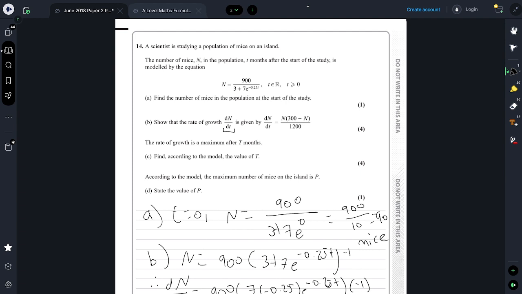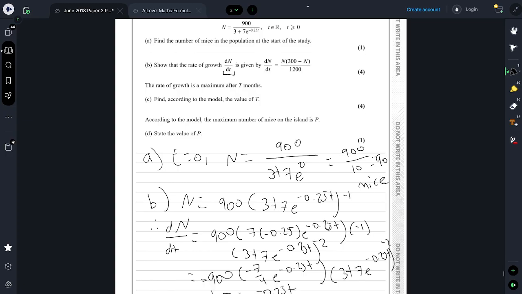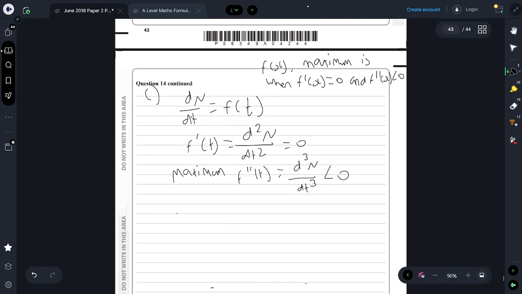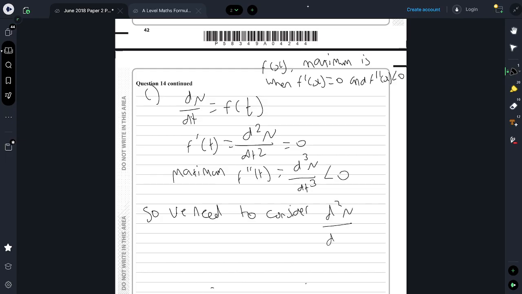The rate is the maximum. So we need to differentiate it again to get the turning point, which will mean the first derivative is a maximum. Okay, so we need to consider d squared n by dt squared.